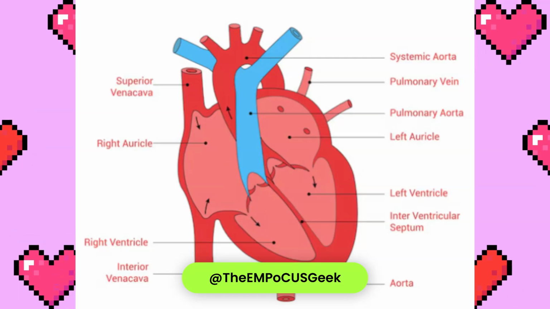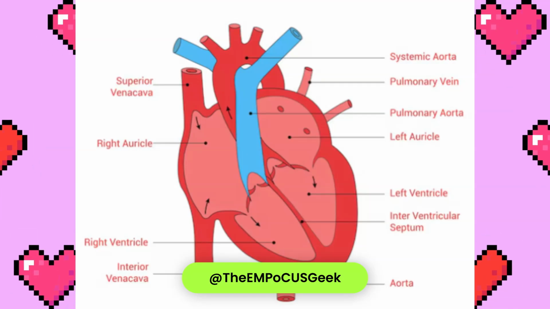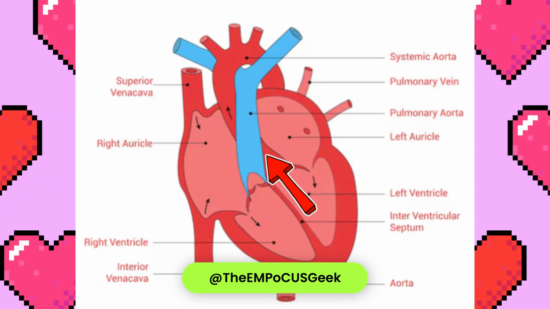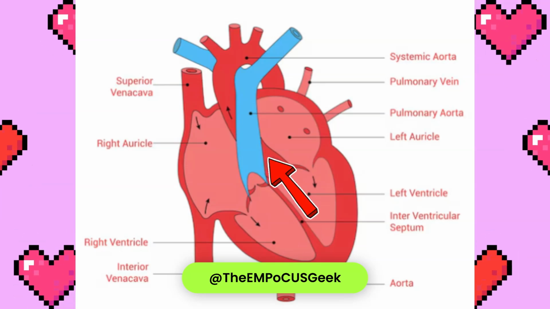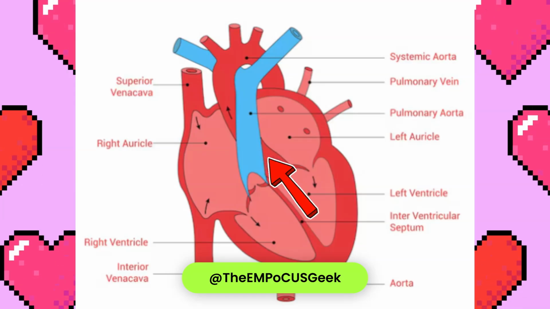So now you have oxygenated blood in the left ventricle and deoxygenated blood in the right ventricle. The oxygenated blood, which is in the left ventricle, is pumped out through the aorta and it supplies the entire body with oxygenated blood.